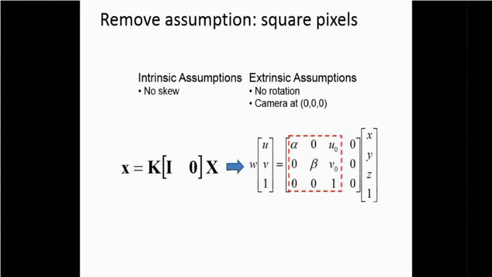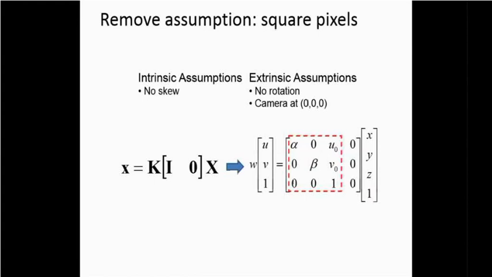Now I can remove the assumption that the pixels are square, which we don't usually need to remove, but sometimes for a scientific application, you might have an imaging device that has more resolution in one direction than another. And so we can model that by, instead of having a single focal length, having two of them, one for the x direction and one for the y direction.